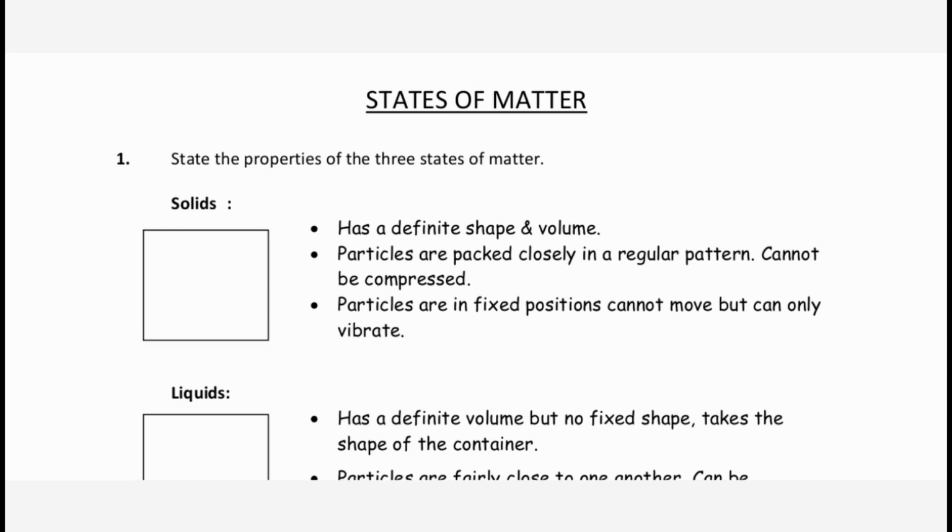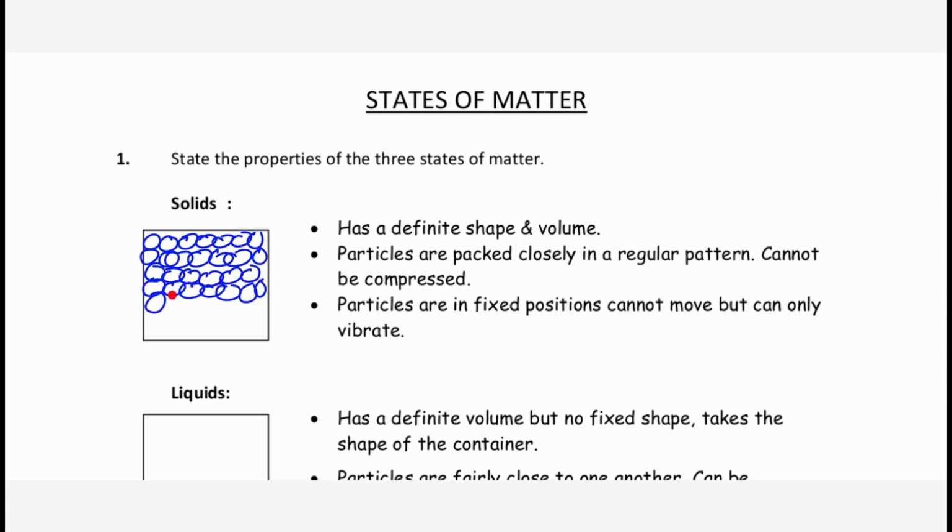As you know, if you analyze how the particles are organized in these 3 states, in solids the particles are in fixed positions. These particles can be atoms or molecules, and they are unable to move. They can only vibrate on a given axis.